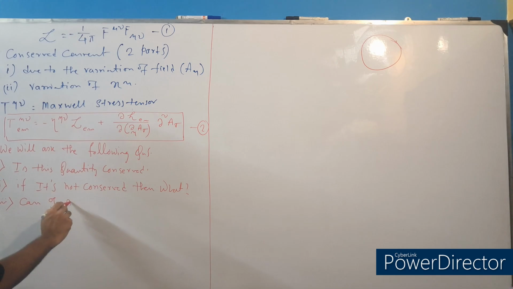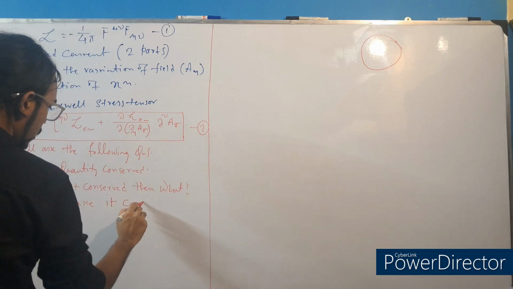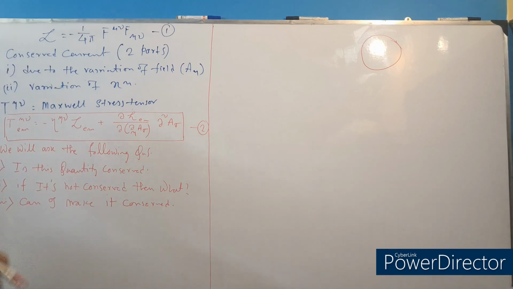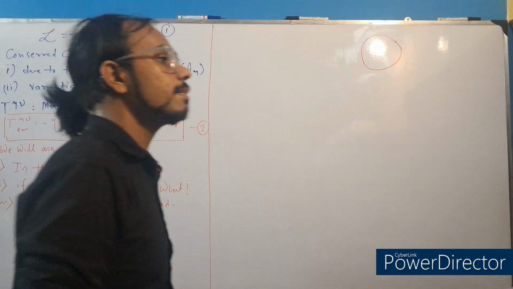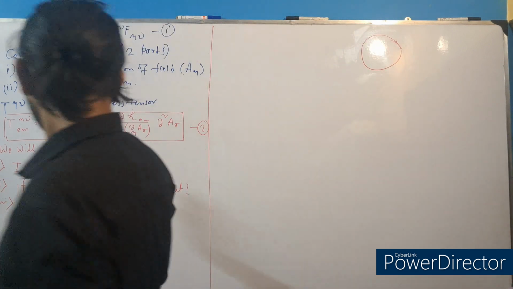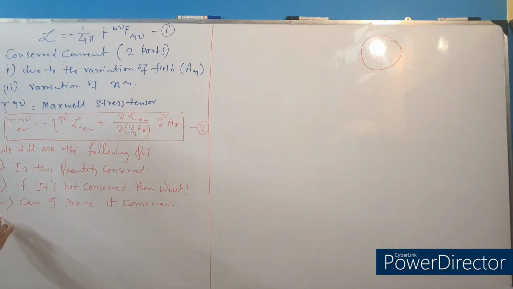Can I make it conserved? So by performing some kind of mathematical jugglery, can I prove that this thing will remain conserved? This is the third question.